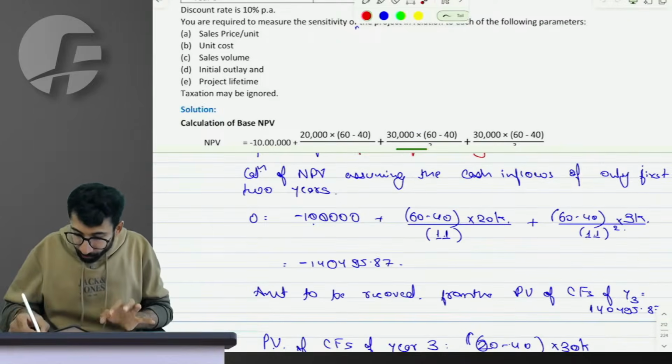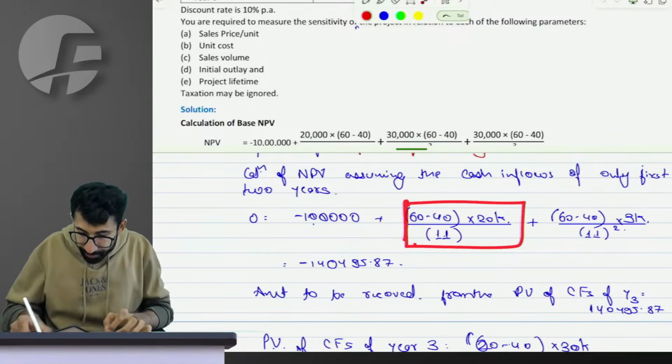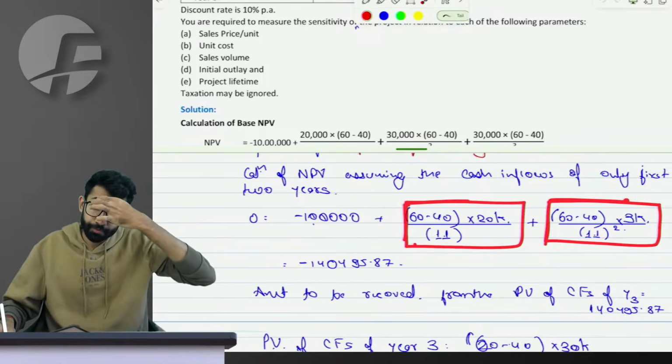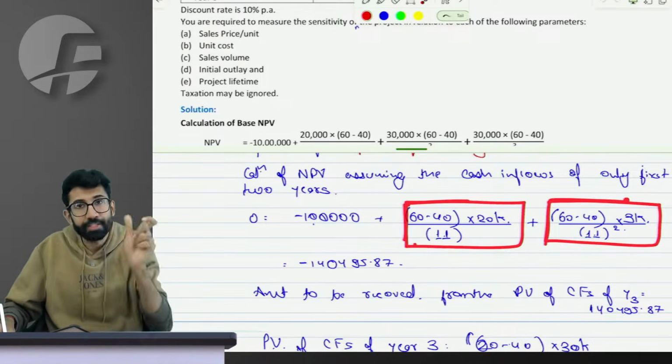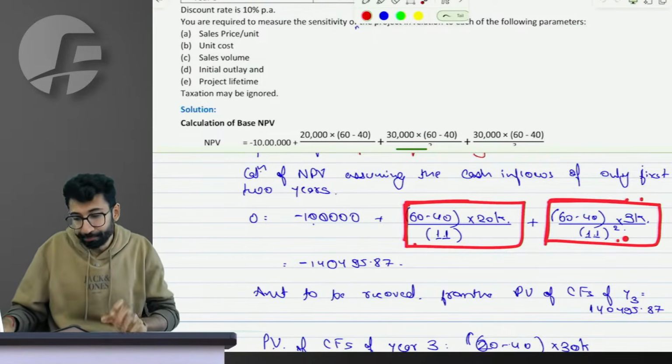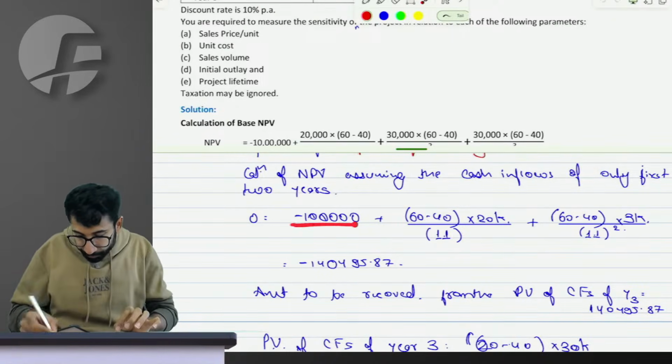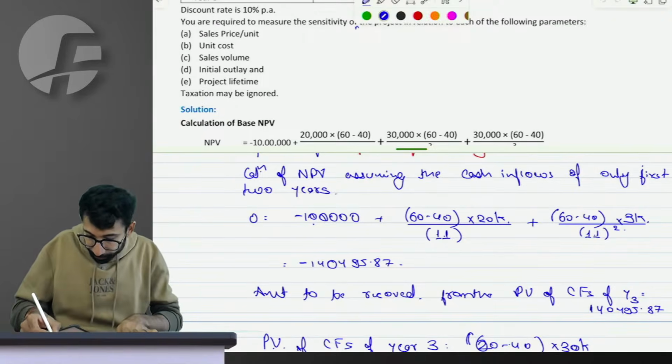Present value of cash flow of 1 year is this, present value of cash flow of 2 years is this. (60 minus 40) into 20k divided by 1.1, (60 minus 40) into 30k divided by 1.1 square. The initial outflow is 10 lakhs, as we know.